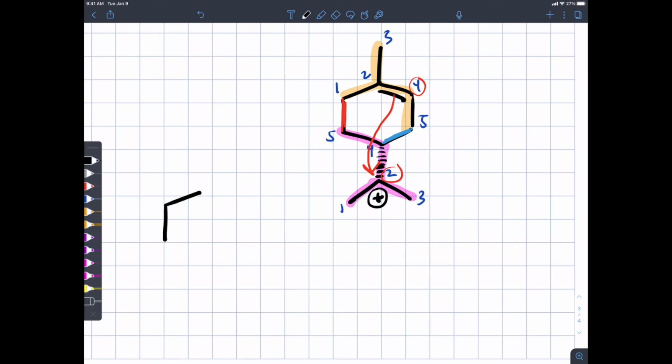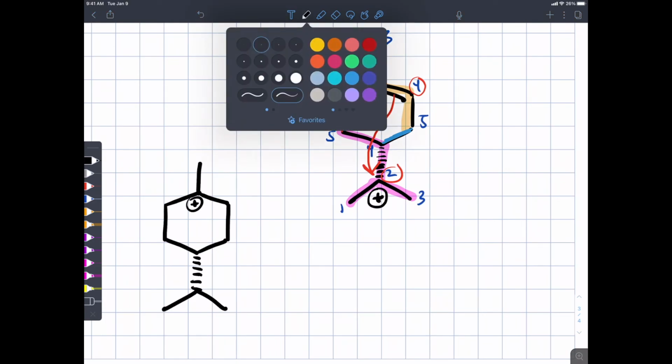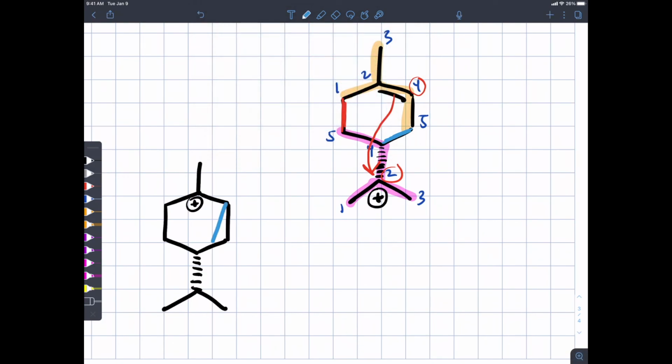Again, it can be helpful when drawing these reactions to first make the connections and then make a more reasonable drawing. So I'm going to show the connection we just made between orange 4 and pink 2.